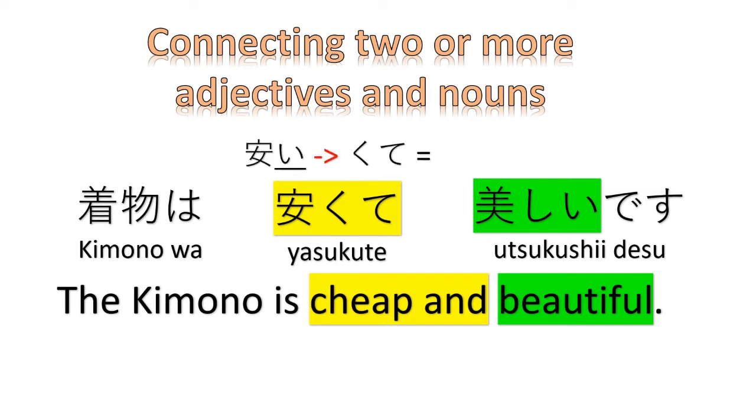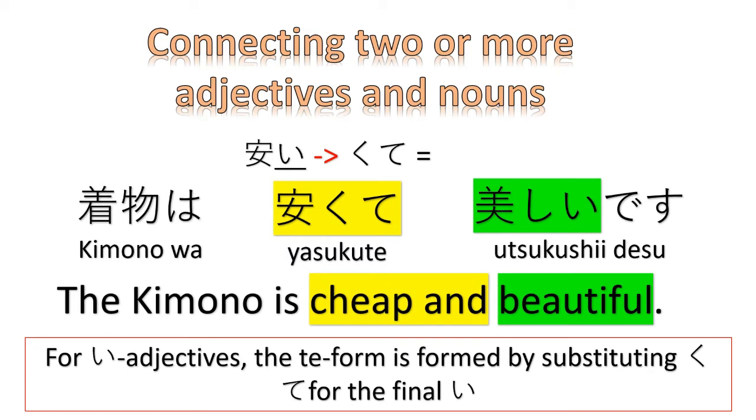Now here, yasukute is the combination of yasui, or cheap. We drop the i hiragana and replace it with kute. So for i adjectives, the te form is formed by substituting kute for the final i.